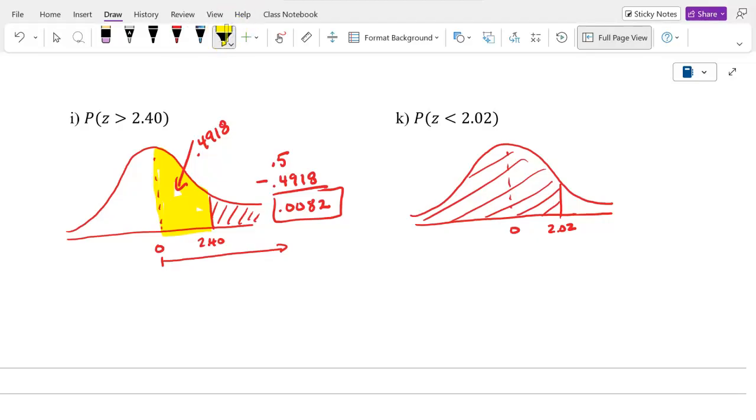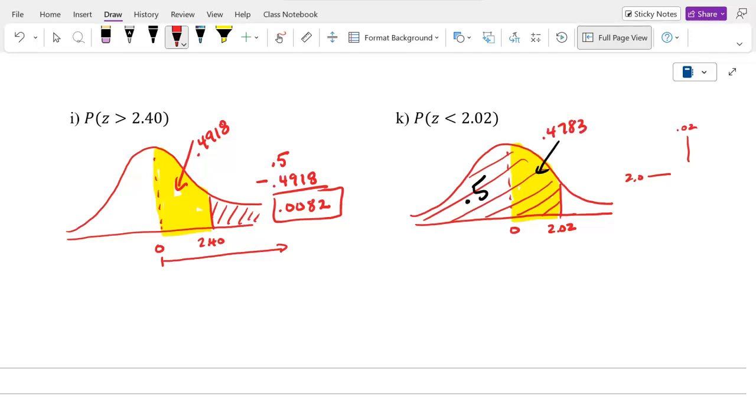Now, I know that my table reads areas from 0 to a point. What it doesn't do is read like another chunk too, but I know the other chunk. This part is 0.5, and this part I can get from my table. If I look up 2.0 on the left, intersect it with 0.02, I'm going to end up with 0.4783.